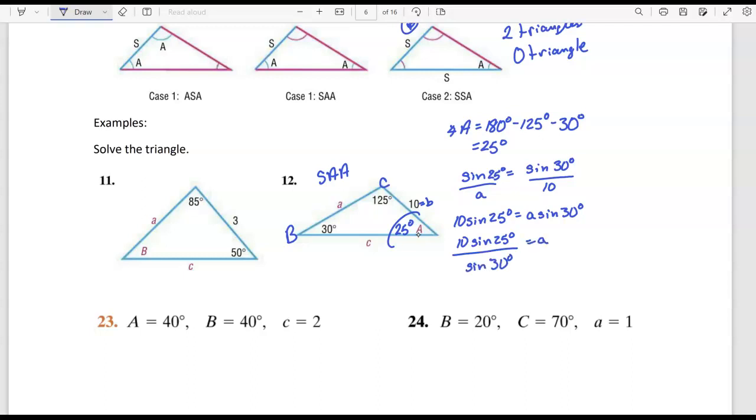And that's going to be our A. Now sine of 25 is not a nice number. So I'm just going to do this off to the side on my calculator. So 10 sine of 25 divided by sine of 30. Make sure you're in degree mode. And I got A to be about 8.45.